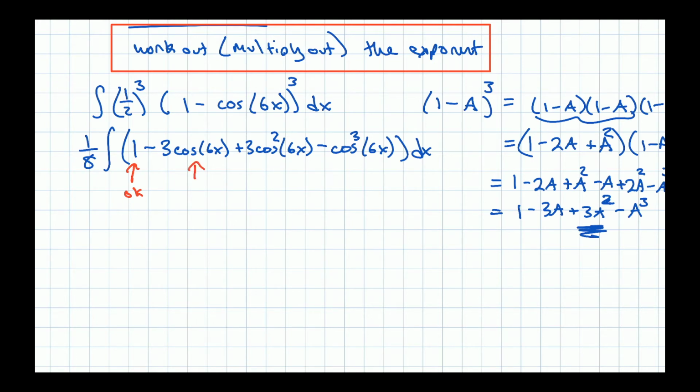I can integrate the cosine 6x. That's okay for integration already. Now, over here we have a cosine cubed. Now, how do we do cosine cubed? Well, we actually know how to do cosine cubed because we just learned how to do odd powers. So we have to use our previous method on that, but we could do it.